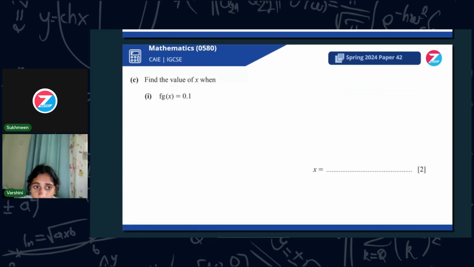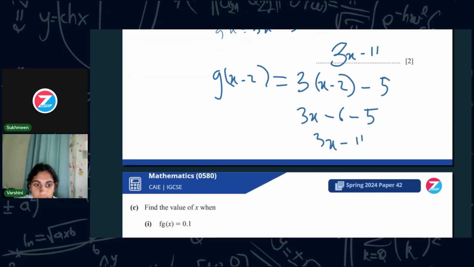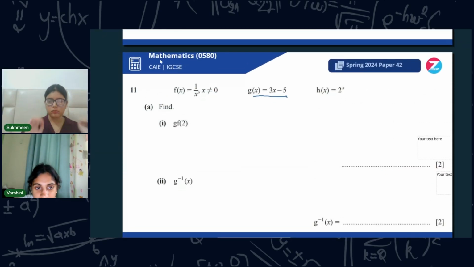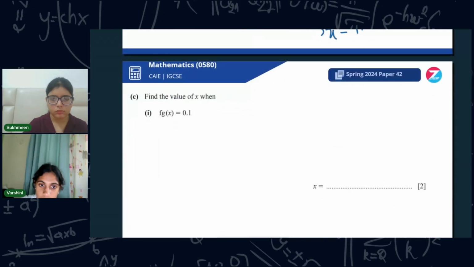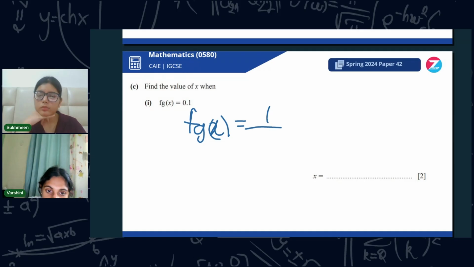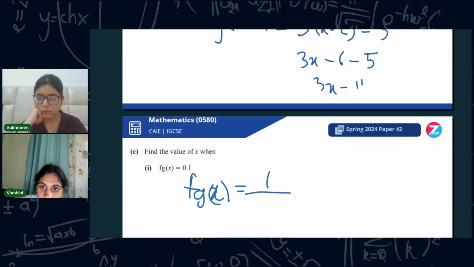Find the value of x when f g of x is equal to 0.1. So over here, all we need to do is substitute g of x into f of x. So that means we're substituting 3x minus 5 into this term over here. So first let's write f g of x is going to be 1 by, and now we're going to substitute in g of x into the x term, which is over here in the denominator, which is 3x minus 5.